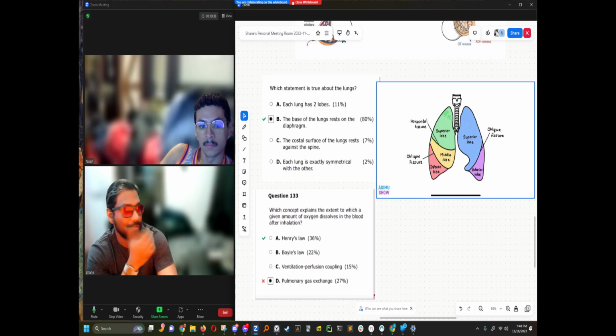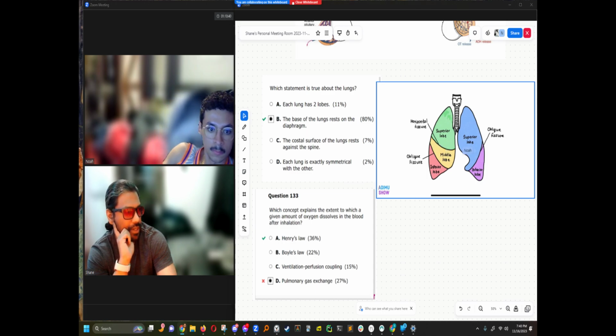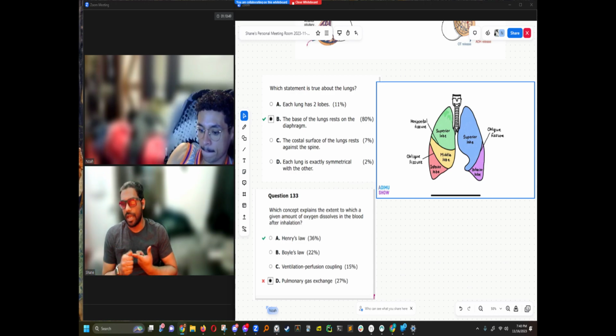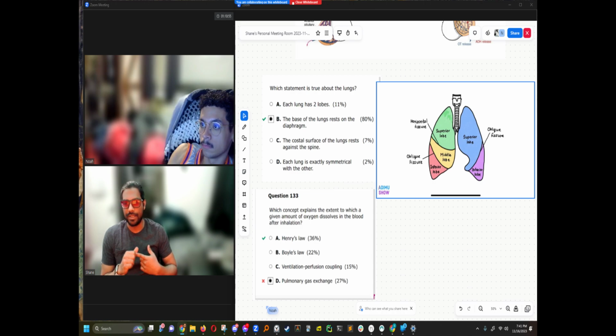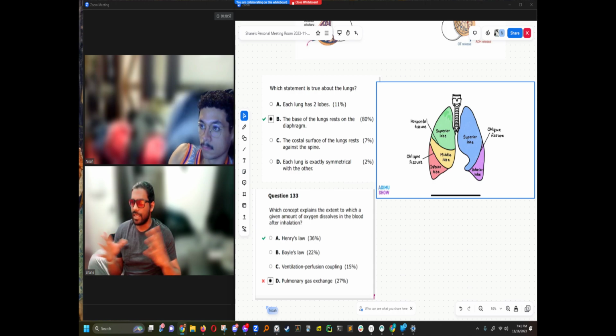Oh, okay, yeah. So this can be a little annoying. For the most part, you can just understand: there's Henry's law, there's Boyle's law, and there's also Charles's law. The reason this question's a bit annoying is because the ideal gas law incorporates all three. It incorporates Henry's law, Boyle's law, and Charles's law.